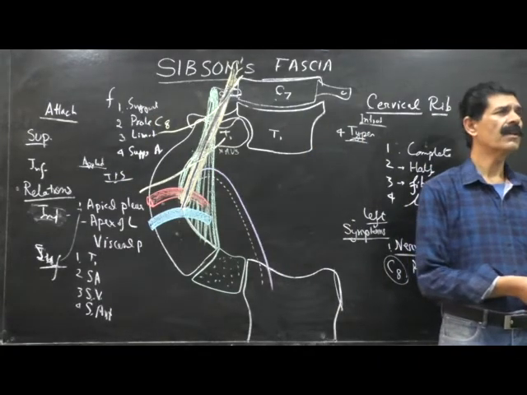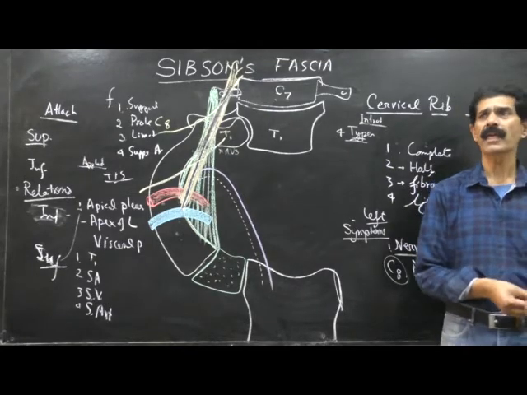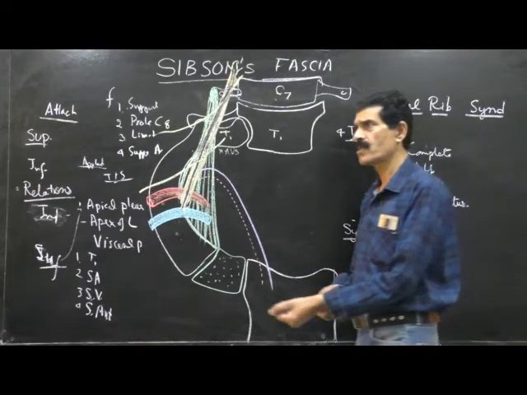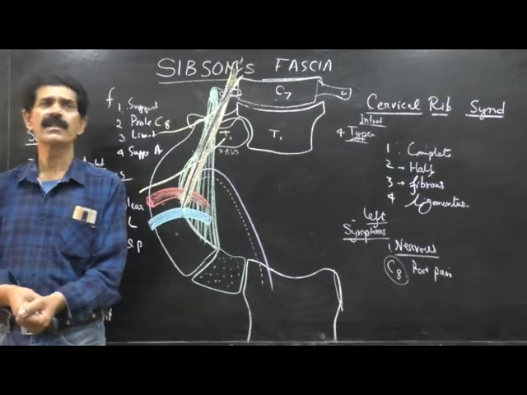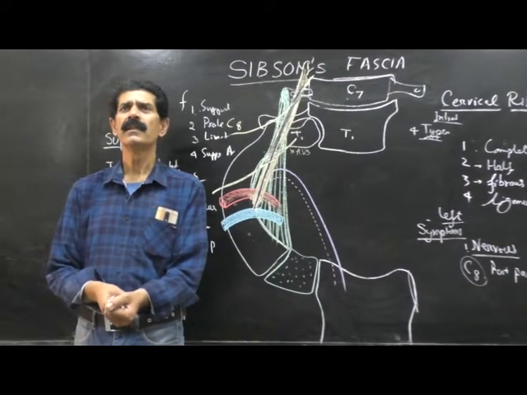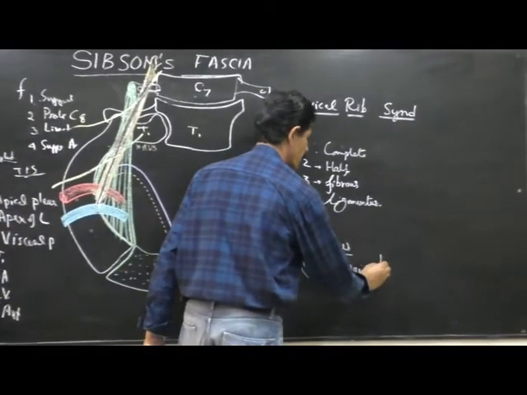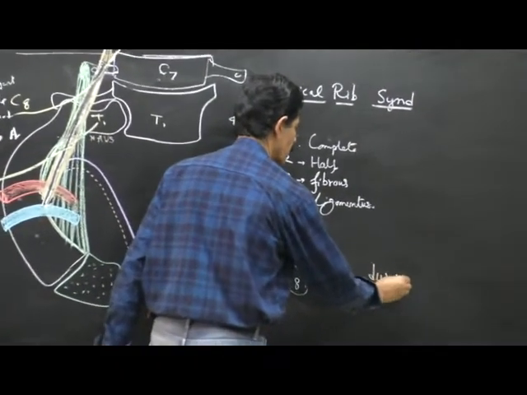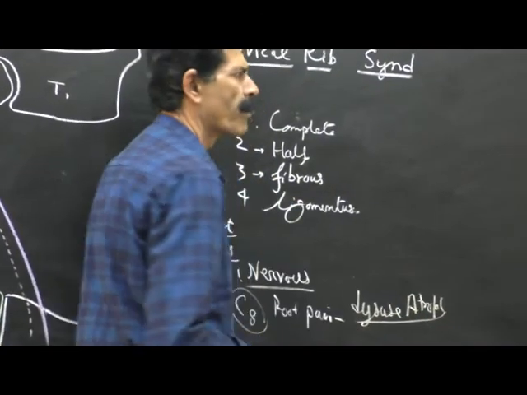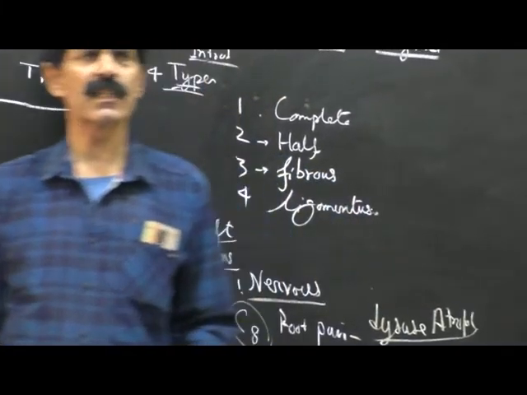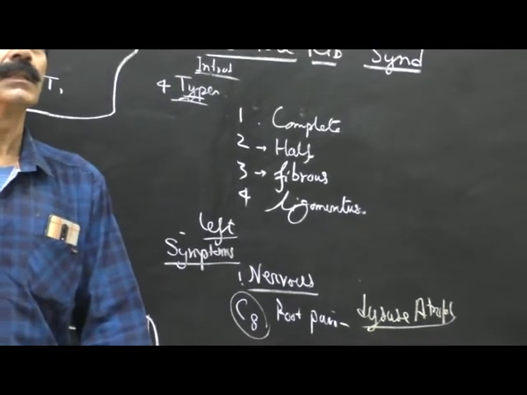No doubt the muscle is having good blood supply. Arteries and veins are okay. But if the nerve supplying any muscle is compressed or damaged or cut, the muscle also undergoes atrophy, and this atrophy is called disused atrophy. If we are not using the muscle for a longer time, then what will happen? They undergo thinness.